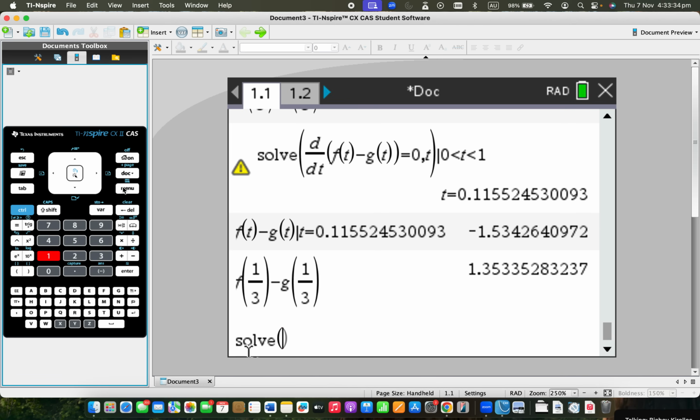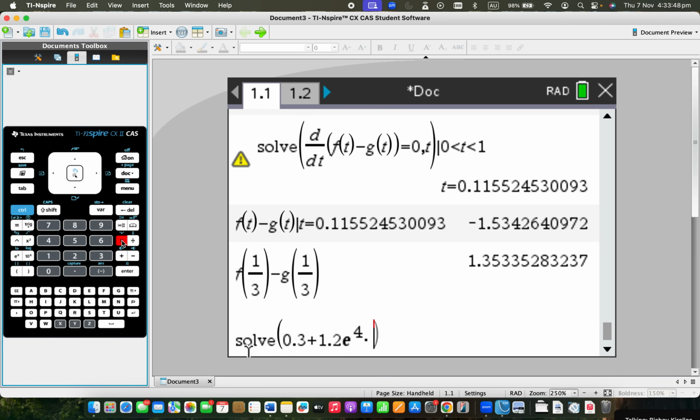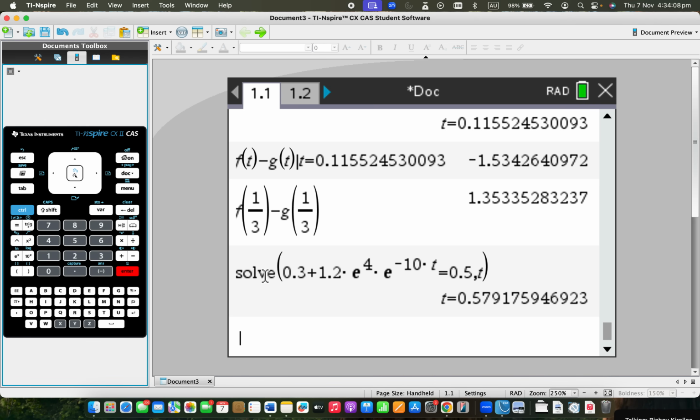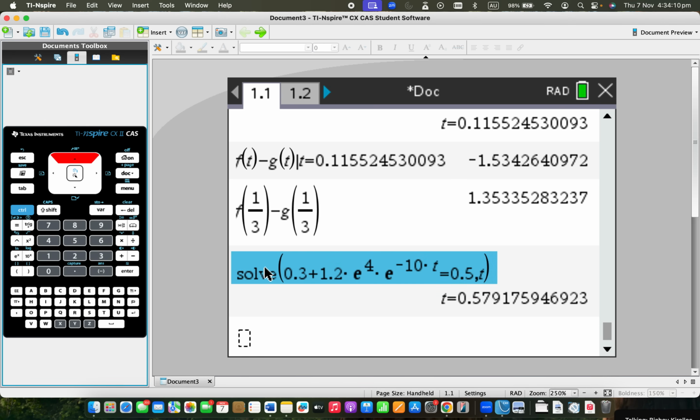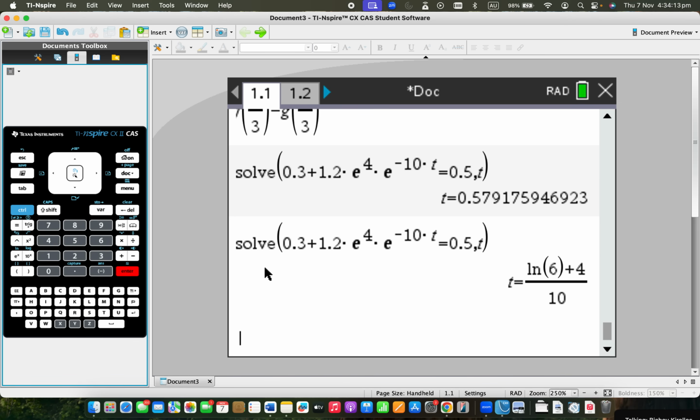I'm just going to solve when the second part, 0.3 plus 1.2 e to the power of 4, which is A, times e to the power of negative 10t, is equal to 0.5, for t. And that happens at, it just says give your answer in hours, so they want it exact.